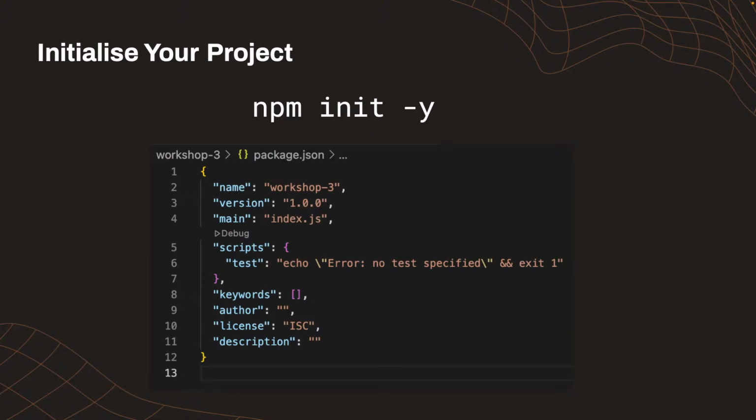Okay, so now we want to try to integrate the Express app that we made before with this new SQLite database. So let's see how we can do that. So we go back to the server.js file.